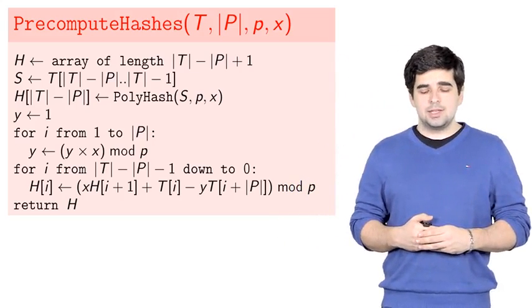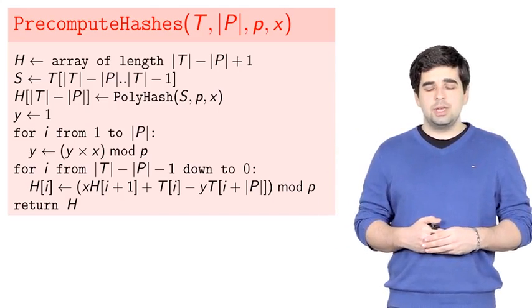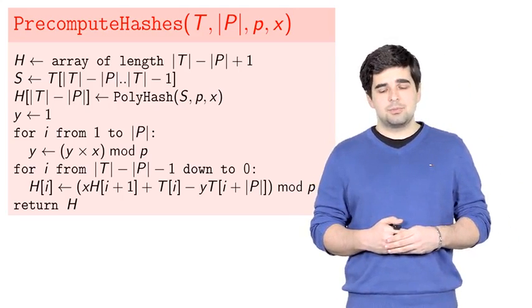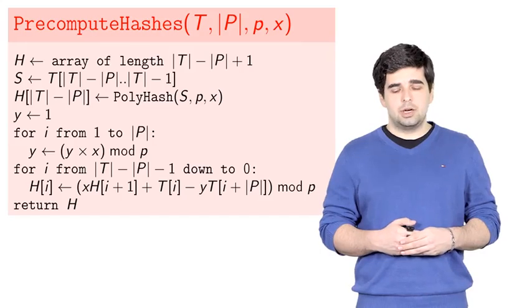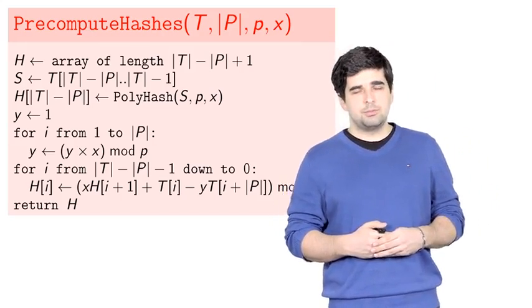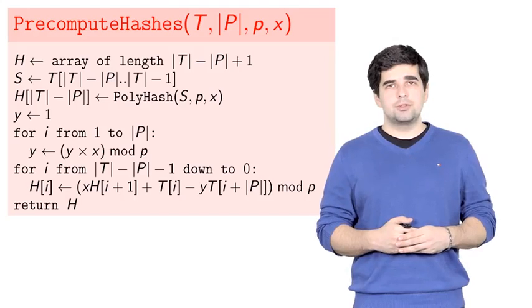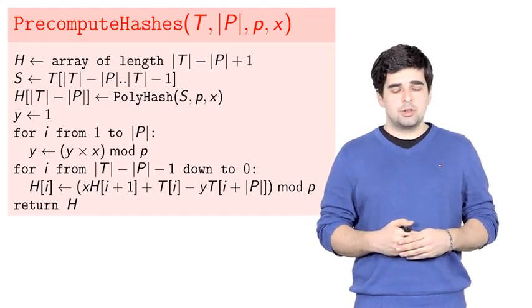Also initialize s by the last substring of the text with the length equal to the length of the pattern. And we compute the hash value for this last substring directly by calling our implementation of polynomial hash with this substring, prime number p, and integer x. Then we also need to pre-compute the value of x to the power of length of the pattern and store it in the variable y.